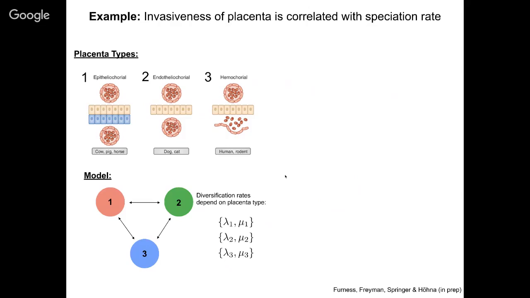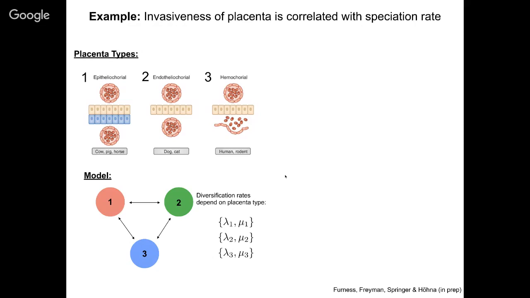And then you have the hemichorial placenta type, which is the most invasive placenta, so there's the most direct exchange between the mother and the offspring. The idea behind that is that if there's genetic incompatibility between the mother and the offspring, both the offspring and the mother might die, so speciation should be happening much faster in the hemichorial state.